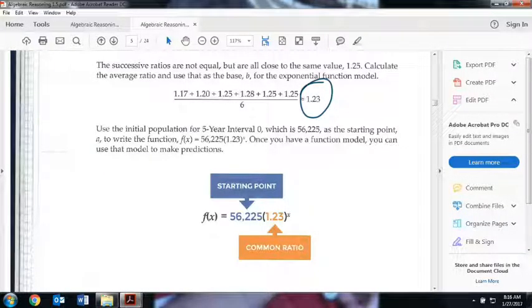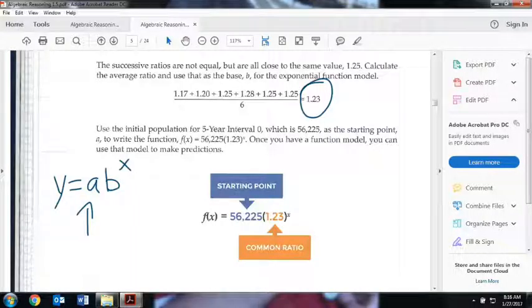So from there, they take that as their common ratio, right? They average to 1.23, and they take their starting point. Remember, I gave you the equation y equals a b to the x. Well, in this case, a is the starting point. If we scrolled back up, we'd see that at 0, the starting point is 56,225.